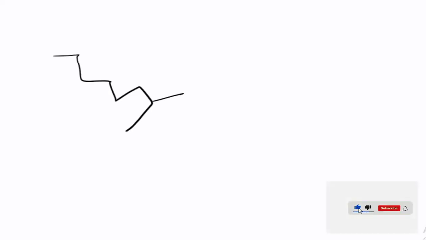The second rule says the position of the alkoxy group is allowed the lowest possible number with respect to the parent chain. So if, for instance, I have a structure like this, and probably I have the alkoxy group somewhere here, let's say OCH3.